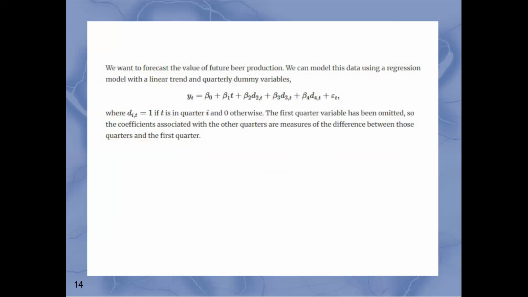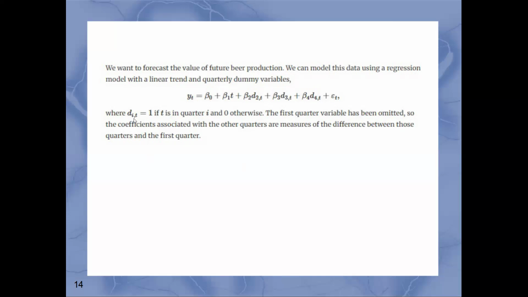So let's take an example. We want to forecast the value of future beer production, and we can model this data using a regression model. So we're going to have B0 plus B1T plus B2 D2T plus B3 D3T plus B4 D4T, plus some residual.